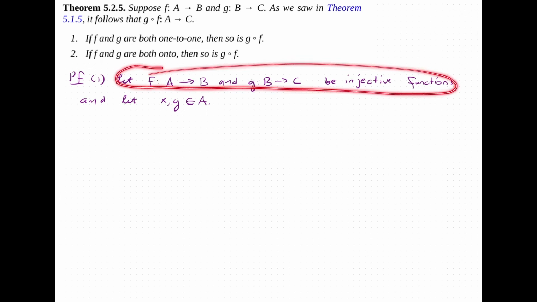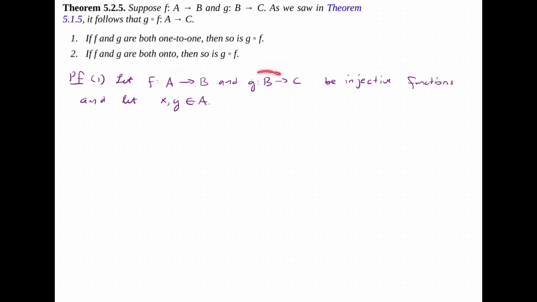So we have f is going from A to B, g is going from B to C. These are injective functions, so both functions are one-to-one. And we're choosing x, y to be in A. So we want to show that the composition is injective.